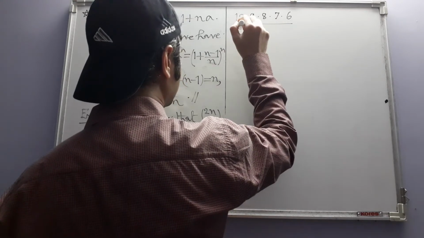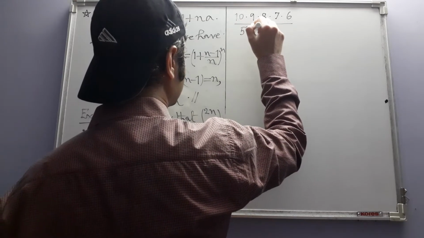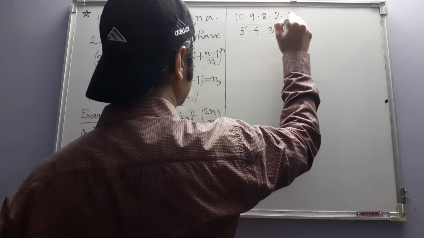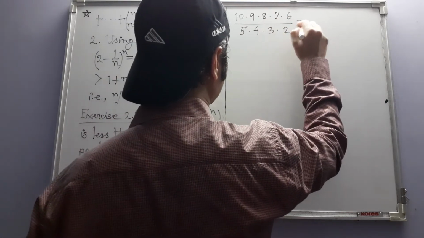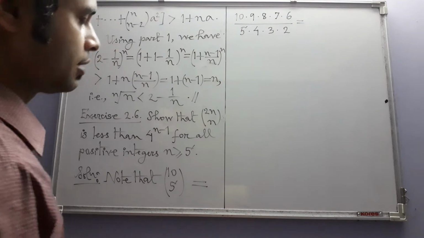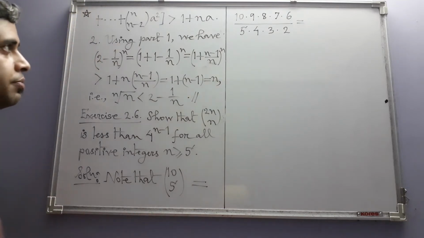And 5 factorial is also 5 times 4 times 3 times 2 times 1, you don't have to write 1.